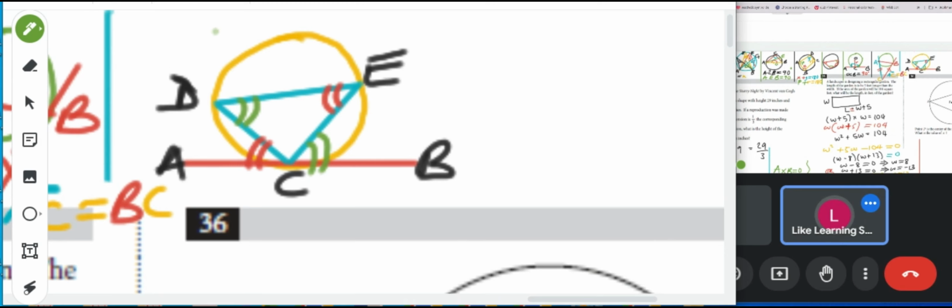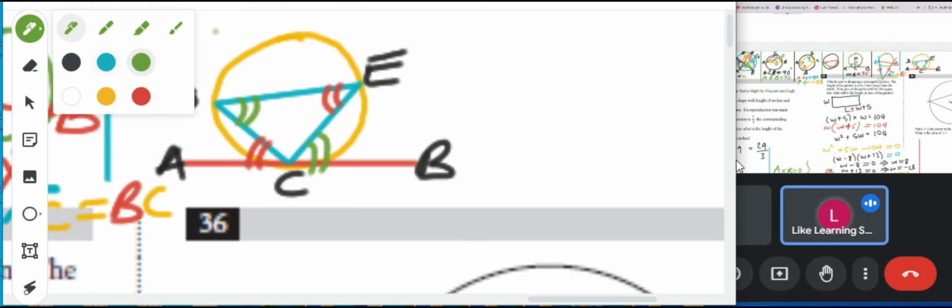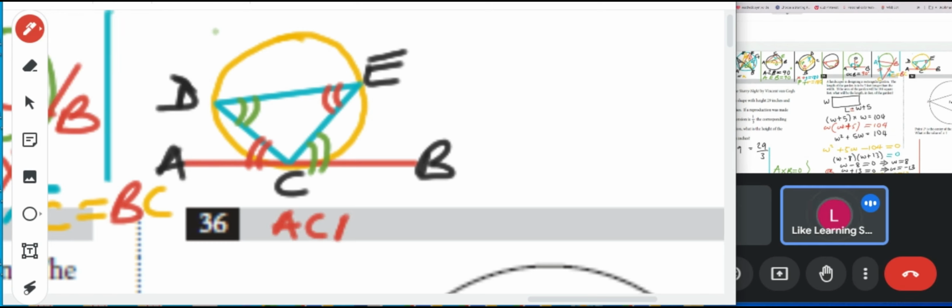That means angle ACD, the one in red, must be equal to angle DEC. Beautiful.